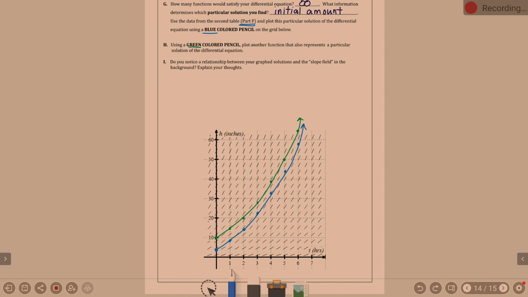Dang it. Do you notice a relationship between your graphed solutions and the slope field in the background? It was a good discussion question, too, and I kind of asked it, but I more told you guys. Oh, well. So, yeah. Those slope field little pieces are small little, I guess I should say tangent lines, right?